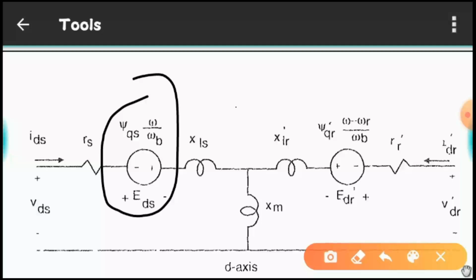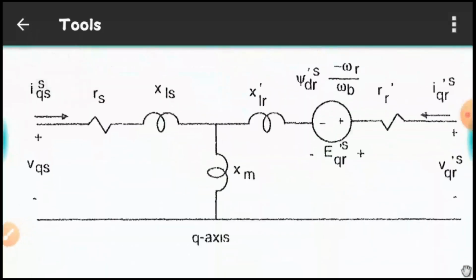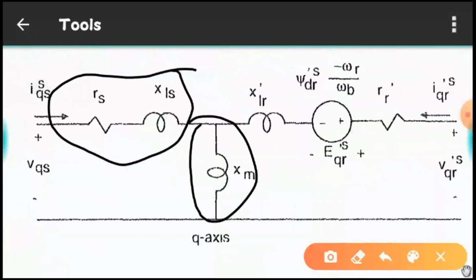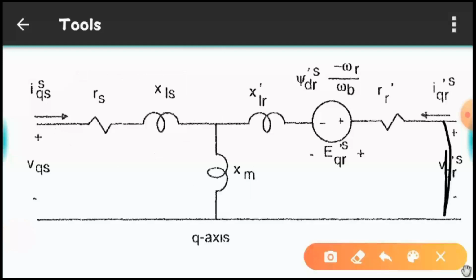And the same thing you will have here, that when you make your reference frame stand still, this is very similar to our conventional per phase representation of a single induction motor, where you have one current, and if you want more similarity you can just short this, right? Also you will be observing this minus omega r by omega b.